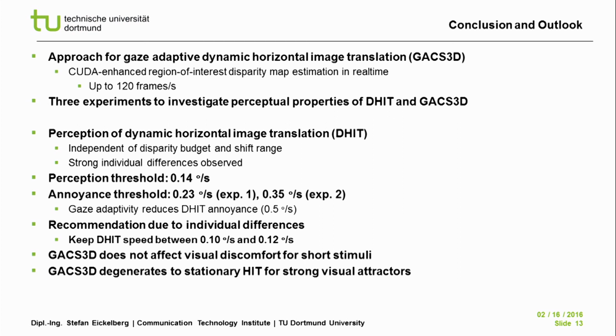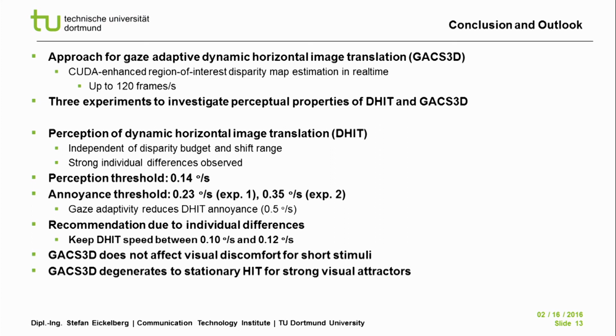So let me conclude this work. I described an approach for gaze-adaptive horizontal image translation, which utilizes a CUDA-enhanced region of interest disparity map estimation. And I described the results of 3 experiments.